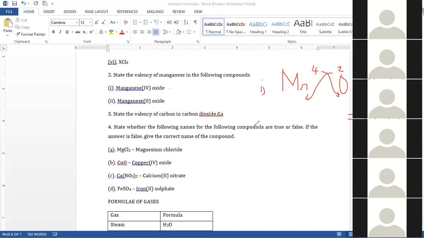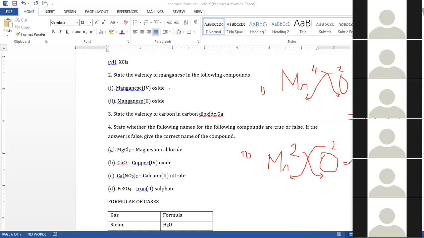Part 1 is done. Let me go to part 2. Now, manganese 2 oxide. In that case, what is the valence of manganese being used? Then the valence of oxygen. Let's check our tables. What is the valence of oxygen? 2. Perfect. So 2 comes here and 2 comes here.